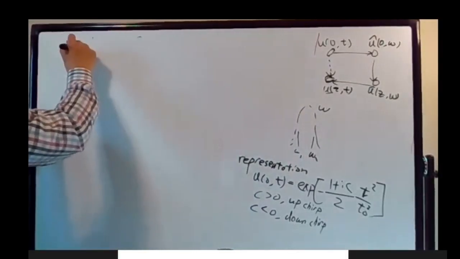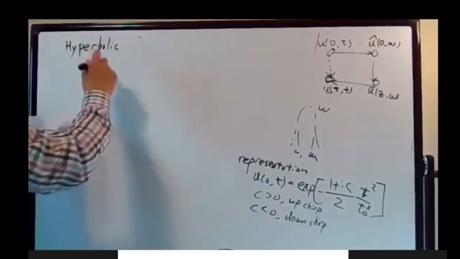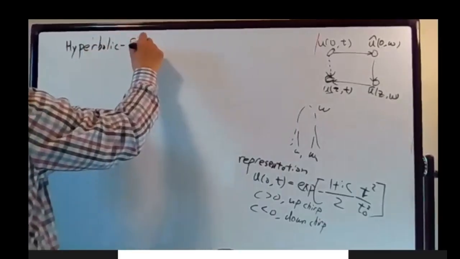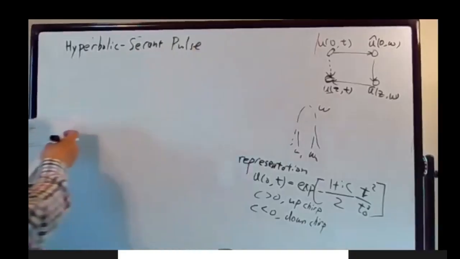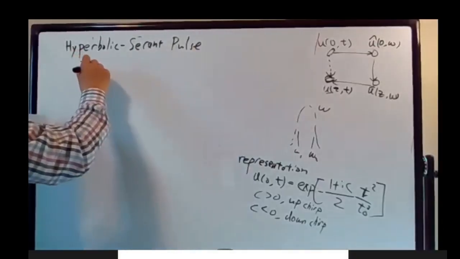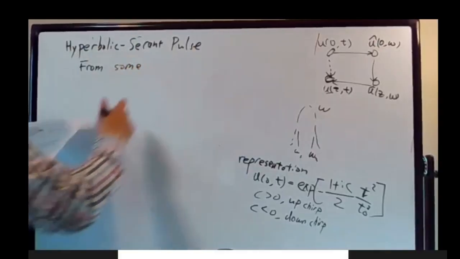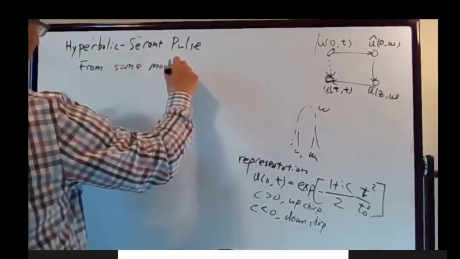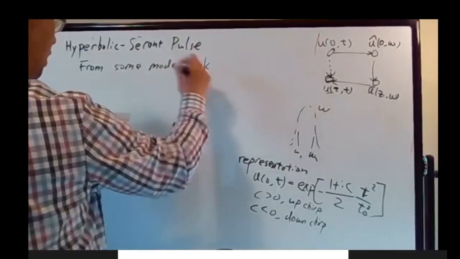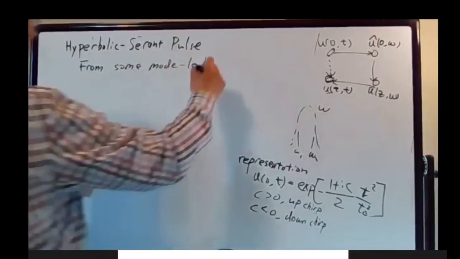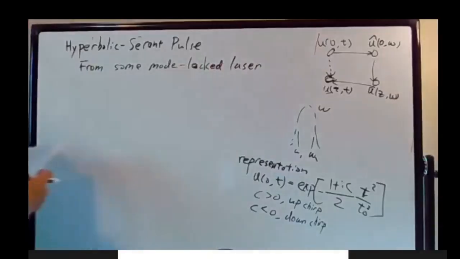Another type is called the hyperbolic secant pulse. It comes from some mode-locked laser.